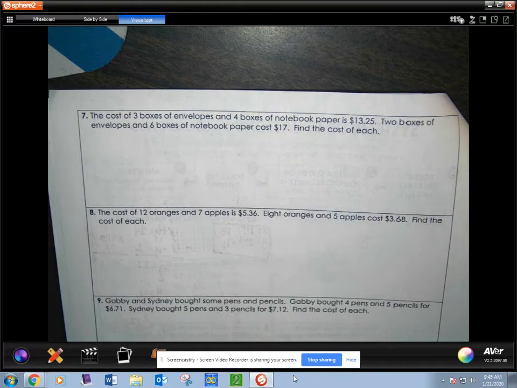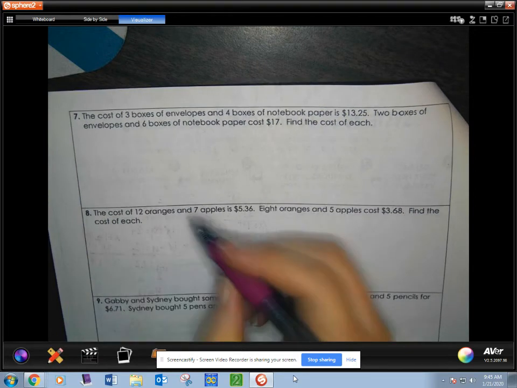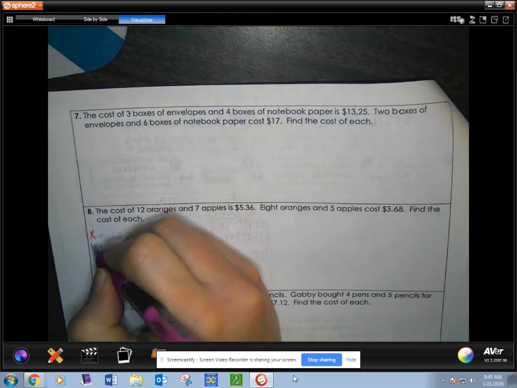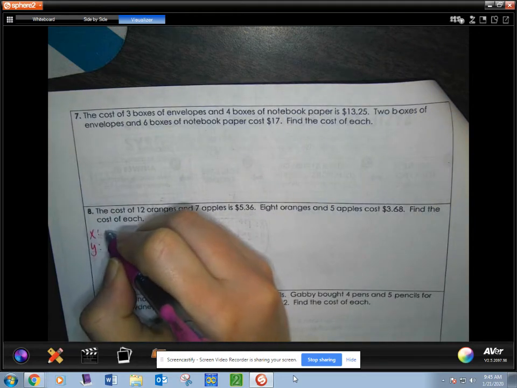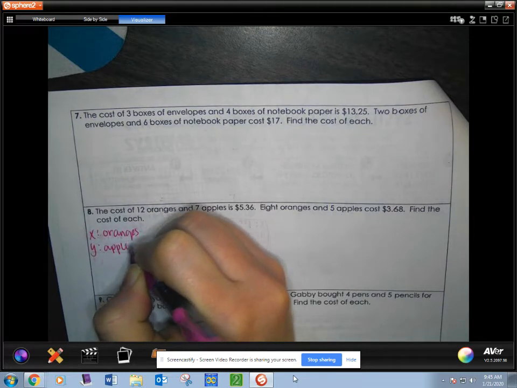Okay, we're going to go to number 8. The cost of 12 oranges and 7 apples is $5.36. 8 oranges and 5 apples cost $3.68. Find the cost of each. Okay, we are talking about two things. So my x, my y, I'm talking about oranges and apples.